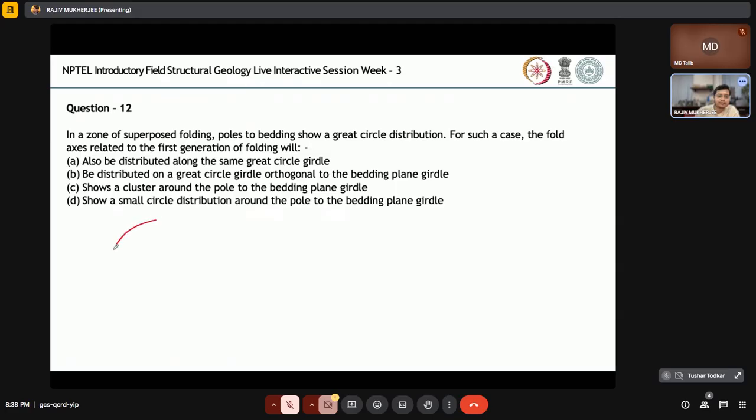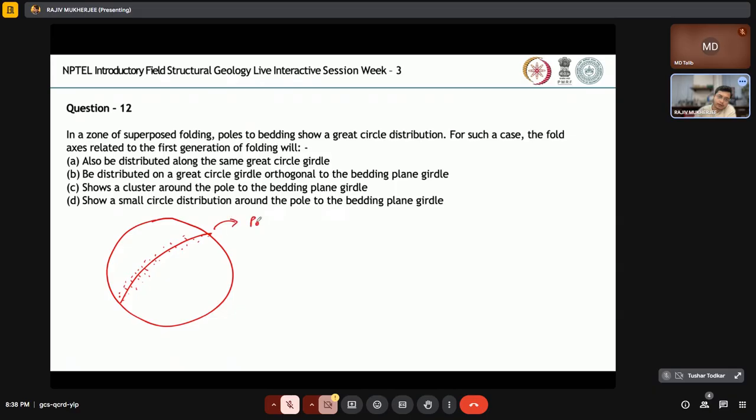So the poles to the bedding plane girdle means these are how the poles to the bedding plane are distributed, and they would generally form a great circle, right?